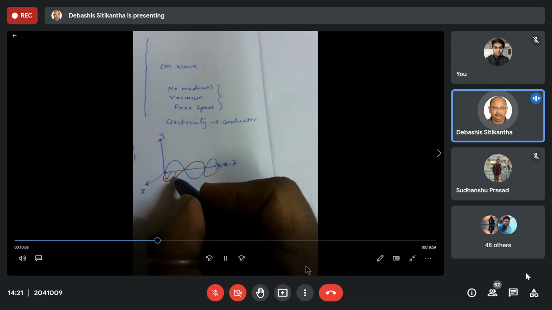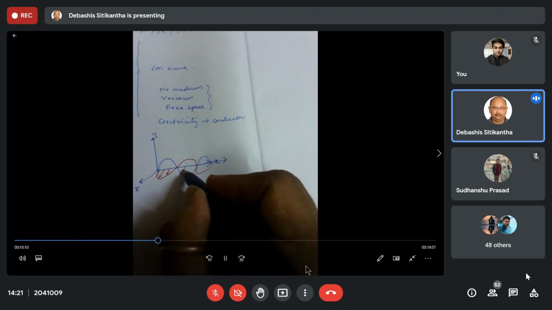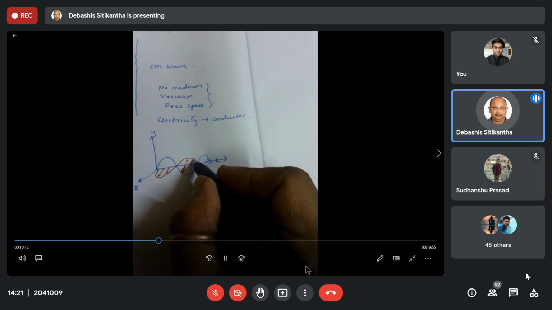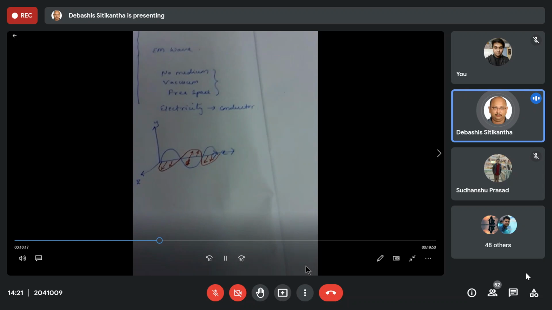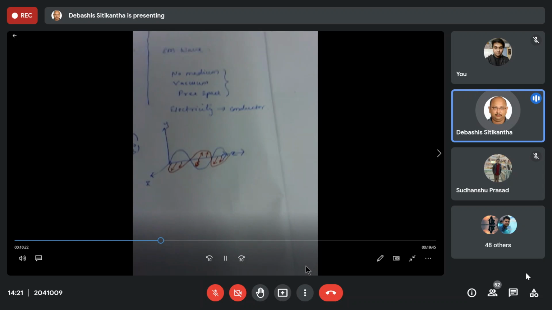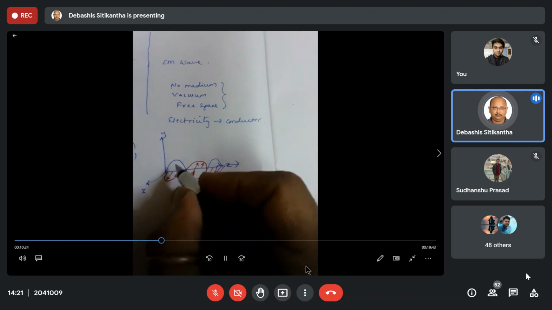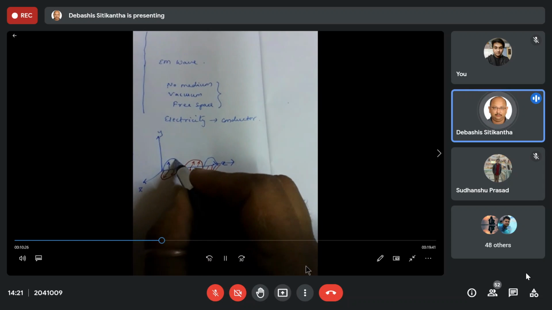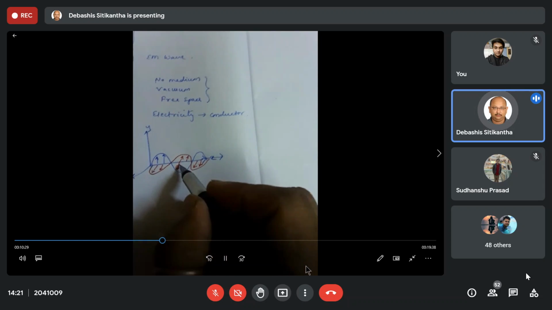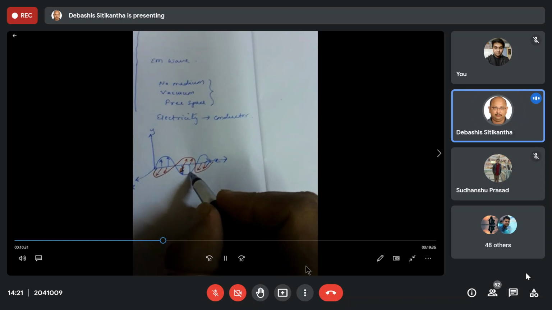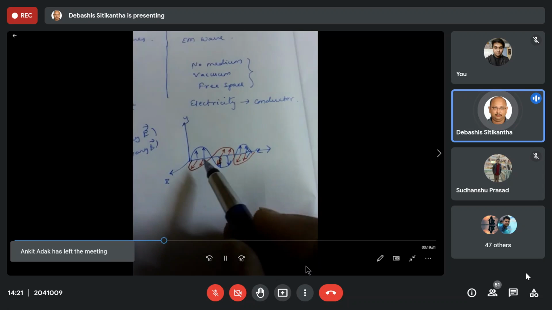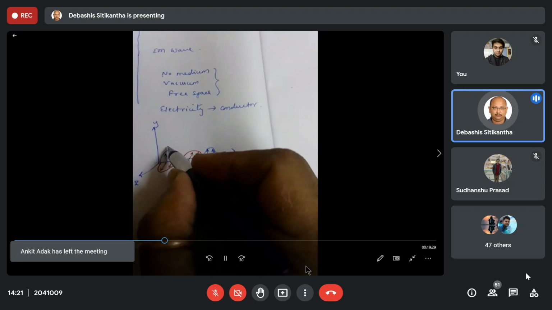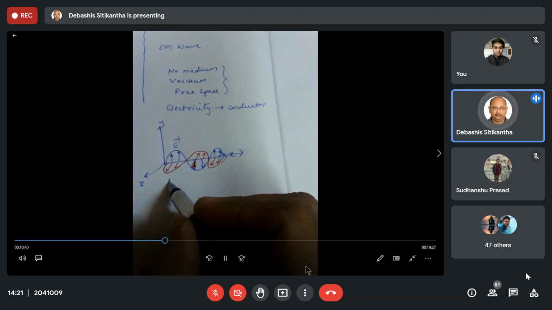As you can see, it is varying with respect to time, but its magnitude is varying along the direction of the z-axis. Whereas for the electric field, the magnitude is varying along the y-axis. So this one is your electric field, and this one is your magnetic field.